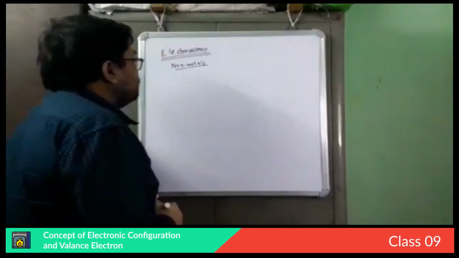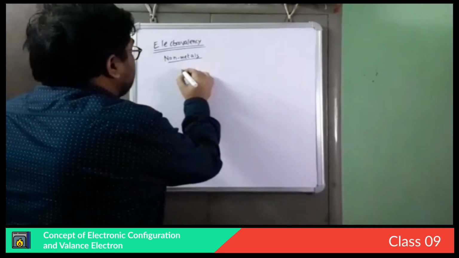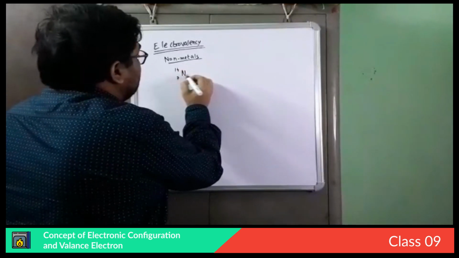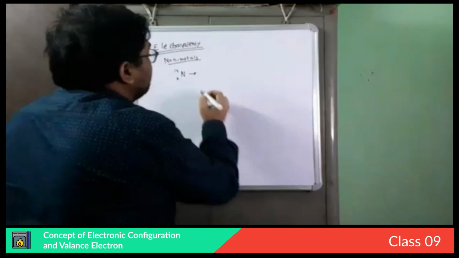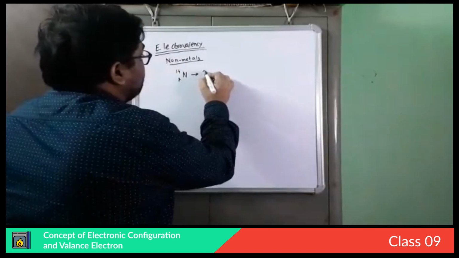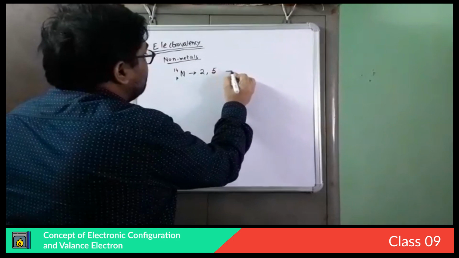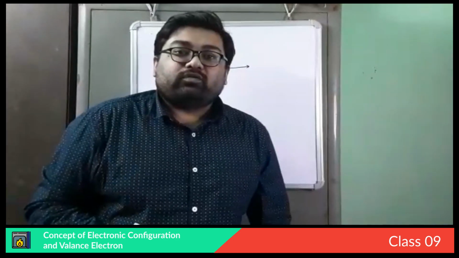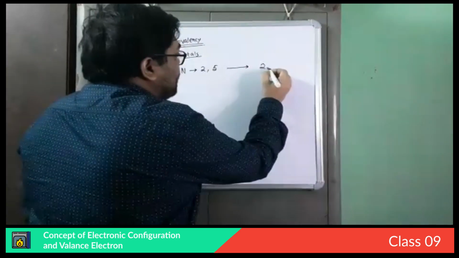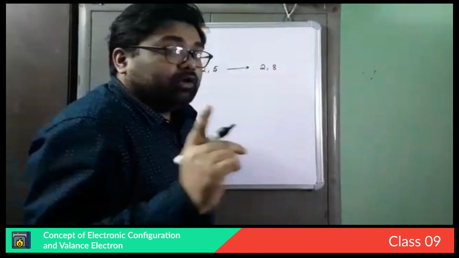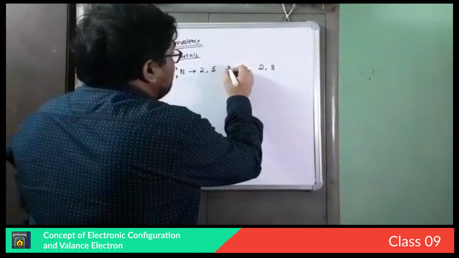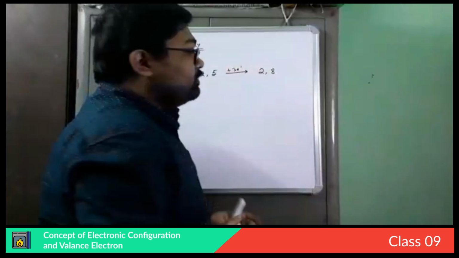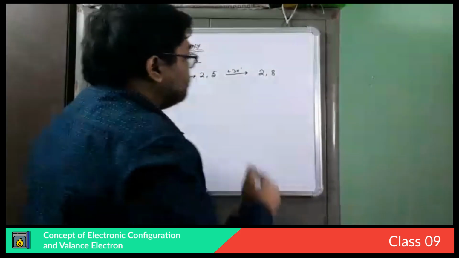Now for non-metals, suppose I am giving an example. Nitrogen, atomic number is 7. So if I write the electronic configuration, it will be 2, 5. Now in order to attain the nearest inert gas configuration, that is 2, 8, what will it do? It will have to gain 3 electrons so that it can reach its inert gas shell configuration.